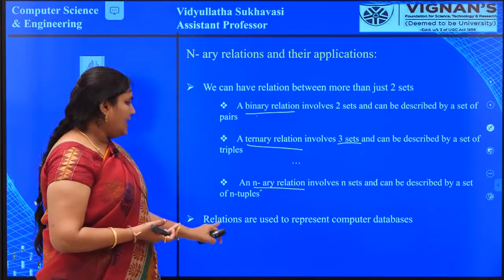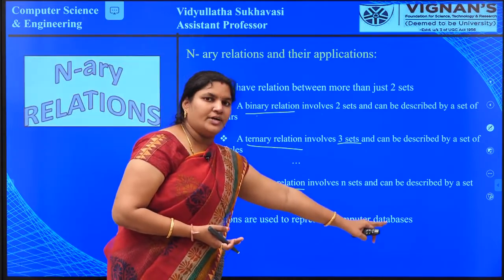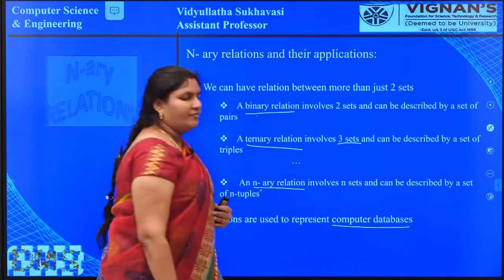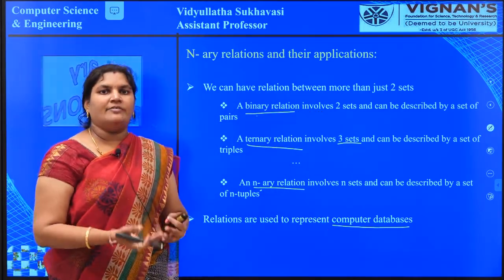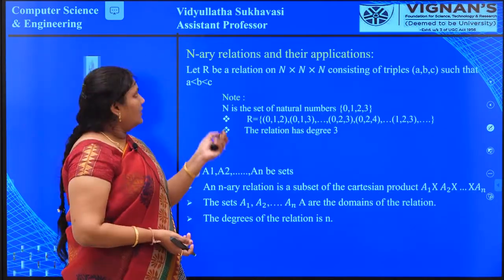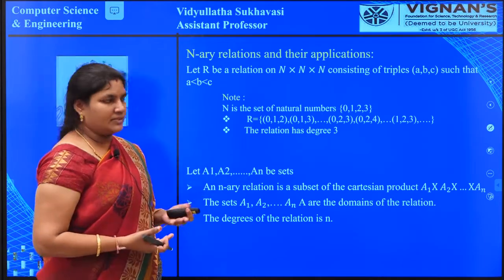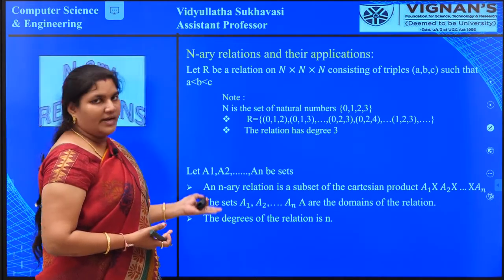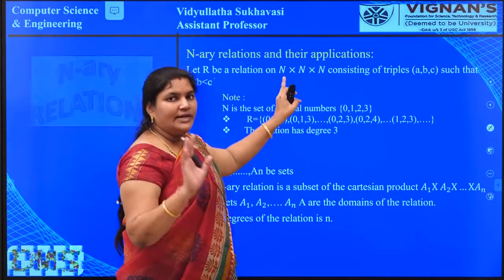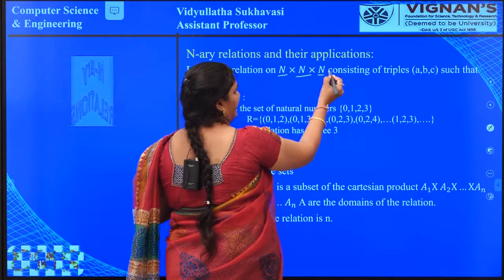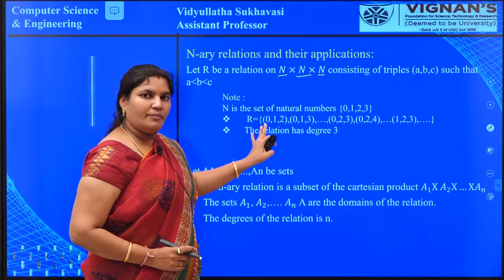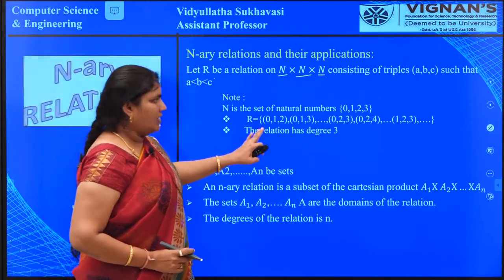So relations are used to represent computer databases. Relations are mainly helpful in creating a database, using a database, and representing a relation between the tables. If we have a relation R using only three sets, then we have ordered pairs with three elements, in a ternary relation.